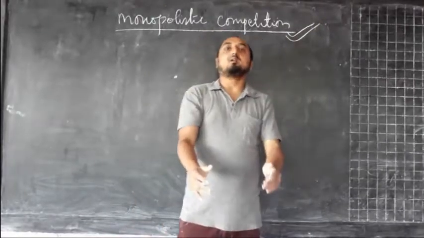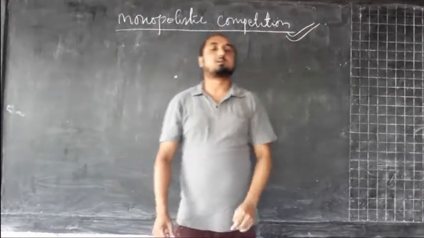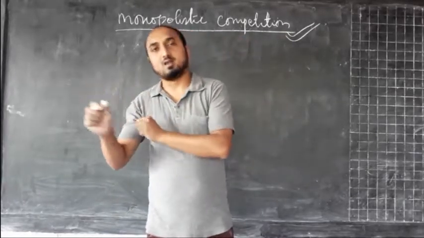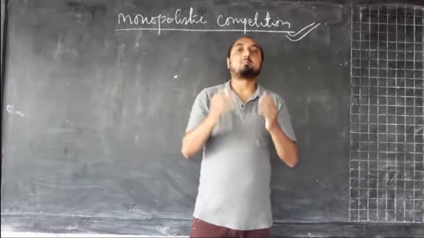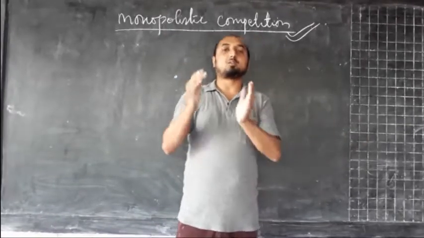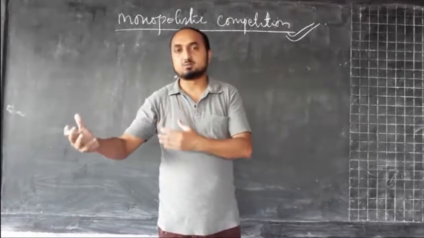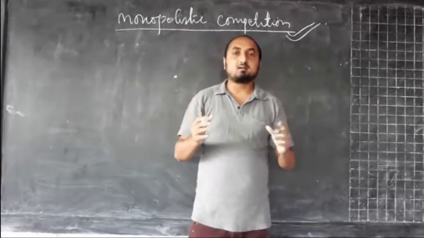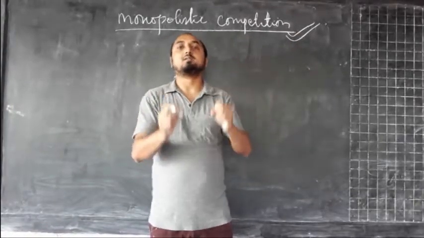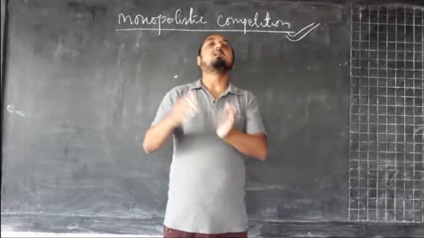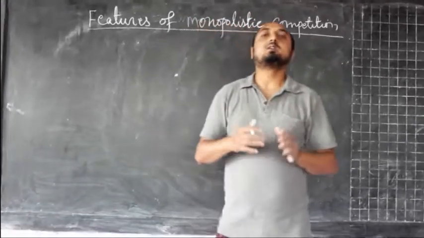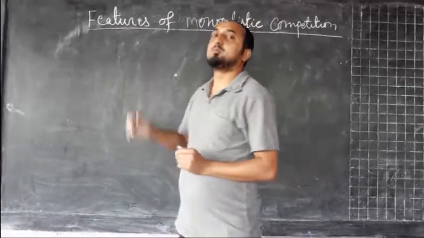In the same way, in monopolistic competition we also have a large number of buyers and sellers. Because of the presence of a few features of the perfectly competitive market as well as a few features of the monopoly market, we can say that monopolistic competition is a blend or mixture of the perfectly competitive market and the monopoly market. Next I am going to discuss the features of the monopolistic market.